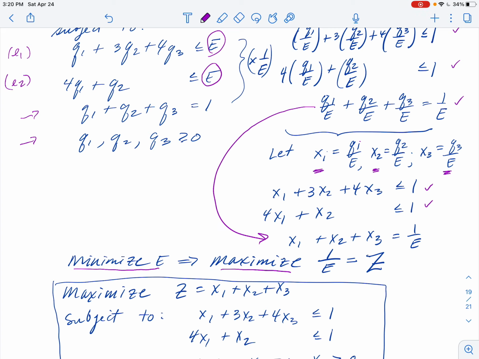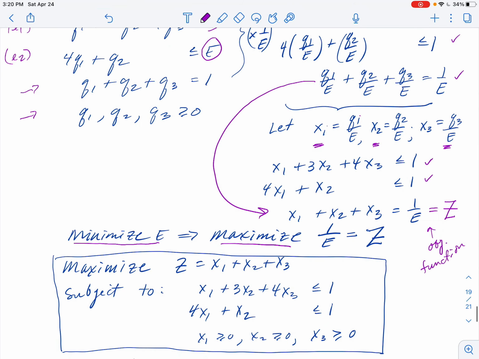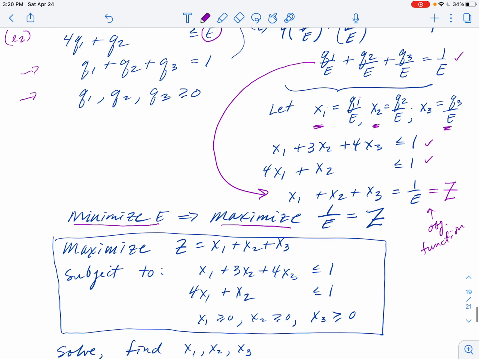So minimizing e turns into maximizing 1 over e, which we're going to call z. This will become our objective function right here. Pretty cool.